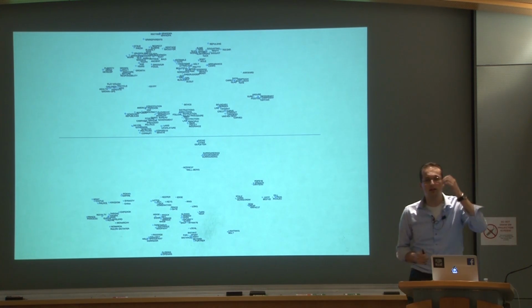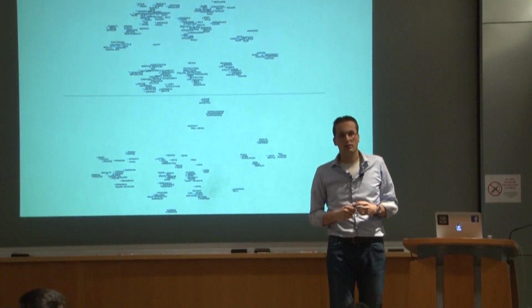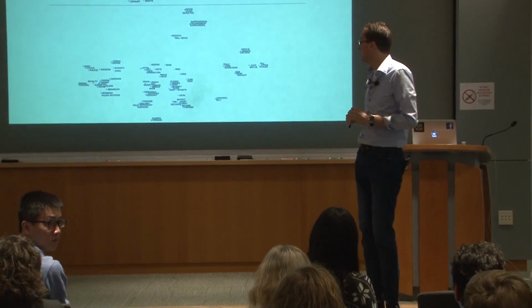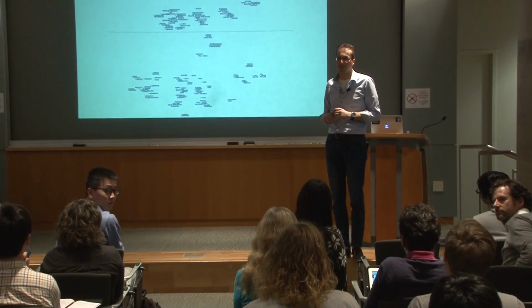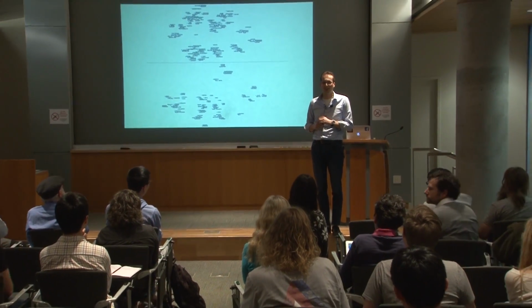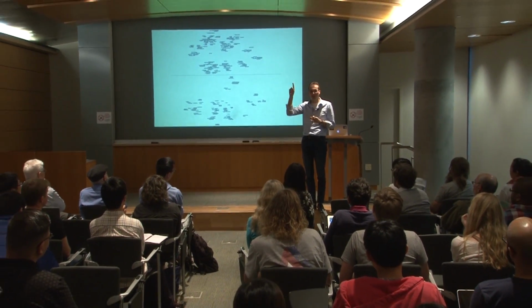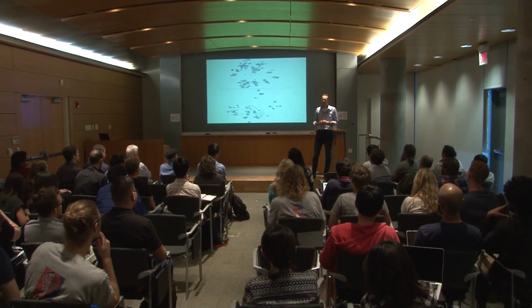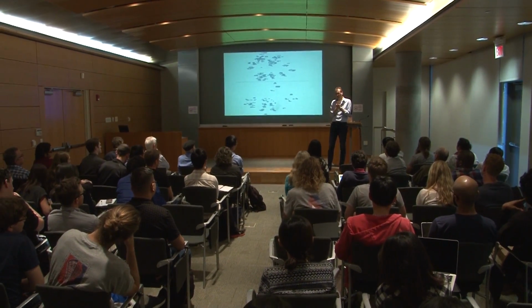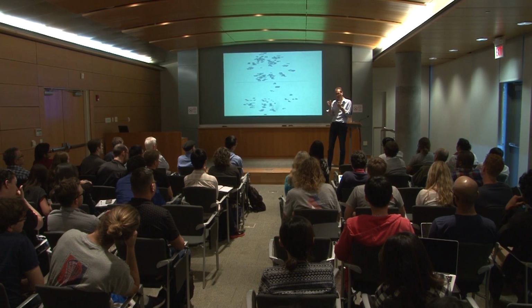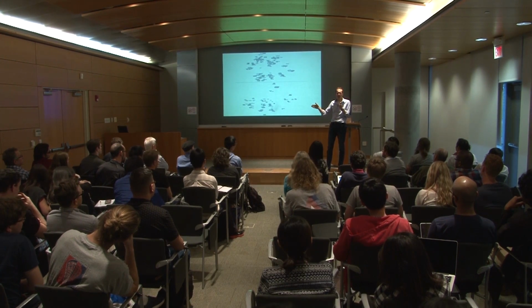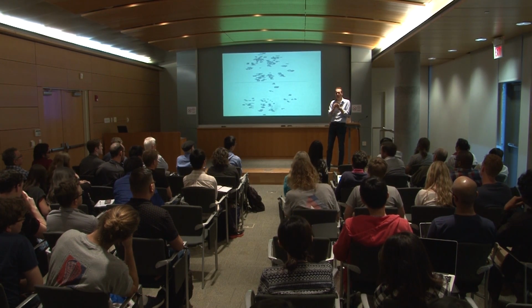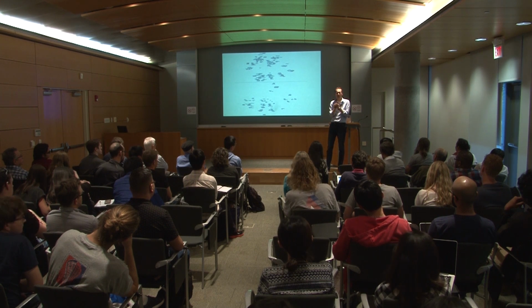Yes? So how do you decide the number of maps? It's kind of like in clustering algorithms. One of the things that you can do is learn a model with different numbers of maps, and plot the objective function value as a function of the number of maps.